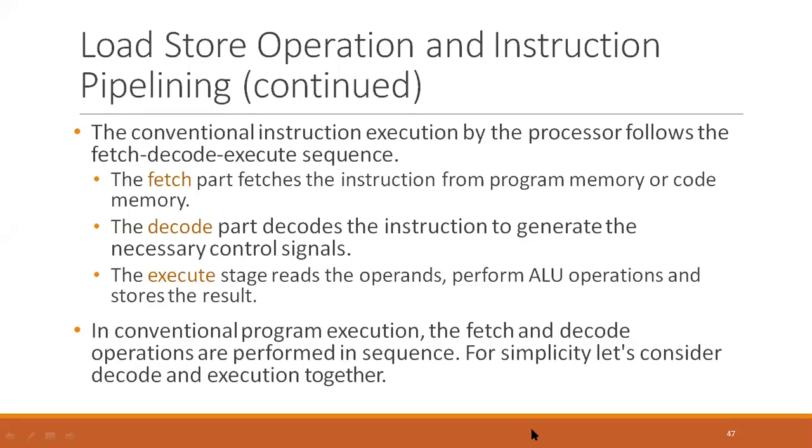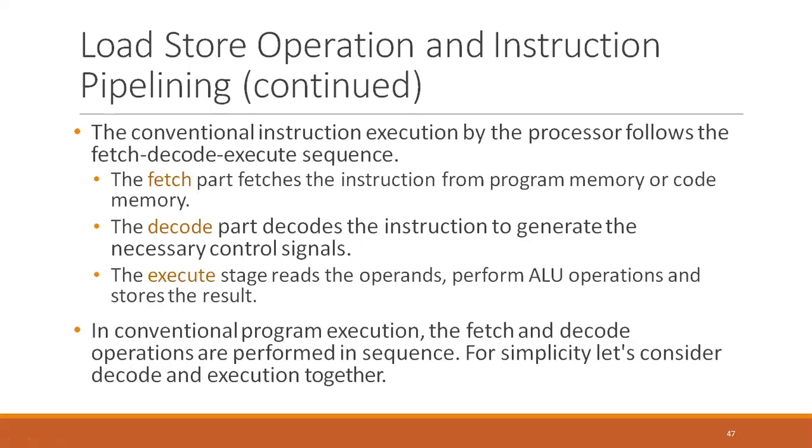The fetch part fetches the instruction from program memory or code memory, and the decode part decodes the instruction to generate the necessary control signals, right? Whatever control signals have to be generated are generated at the decode stage. In the execute stage, it reads the operands, performs the ALU operations, and stores the result.